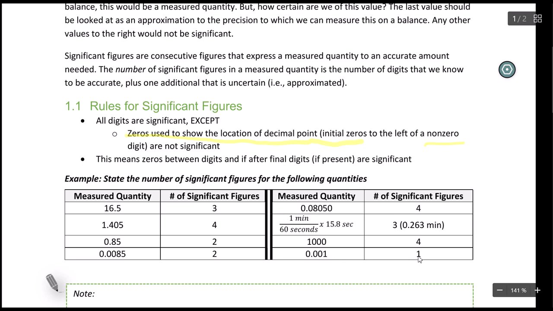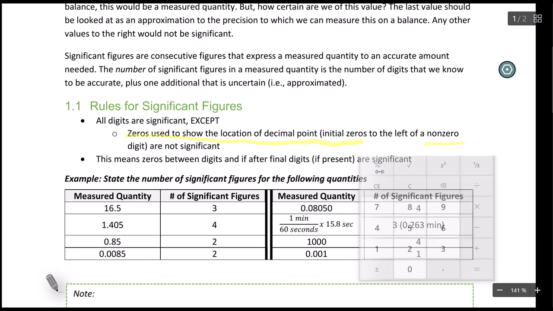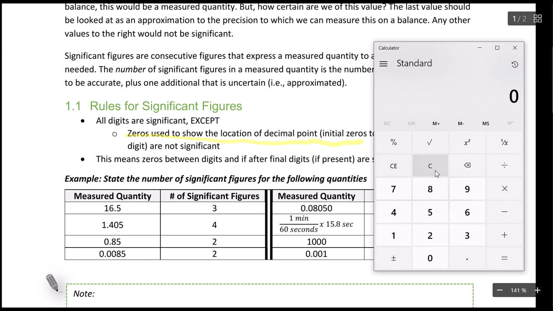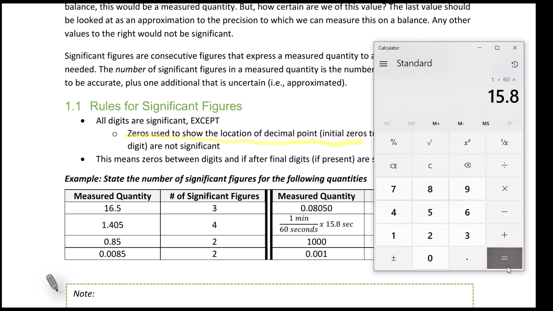This one right here, let's say you're doing some calculations and you are multiplying this ratio, so finding out how many minutes there are in 15.8 seconds. So if I took this to my calculator, I'd say 1 divided by 60 times 15.8, and I get this value, 0.2633 repeating.